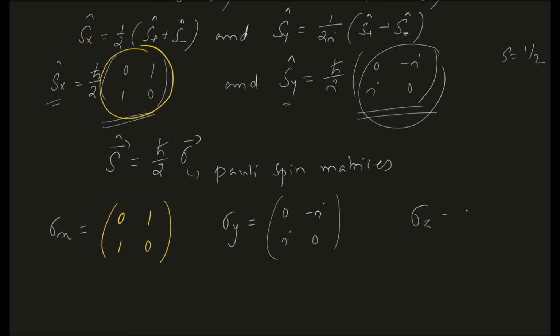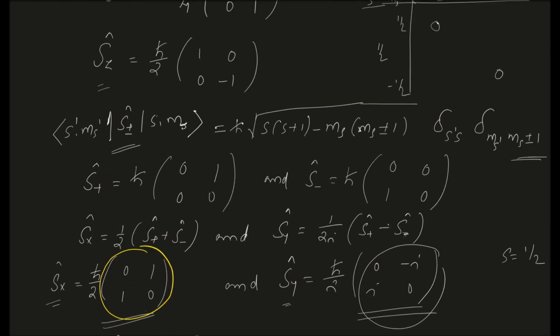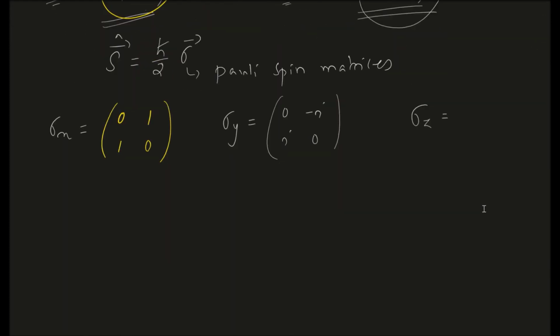And sigma z is given by this one, 1, 0, 0, minus 1. So these are the Pauli spin matrices.